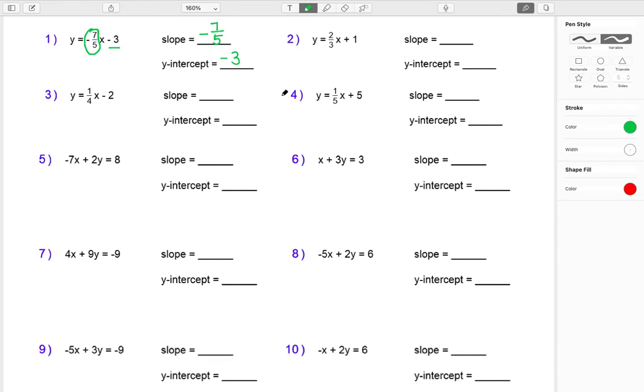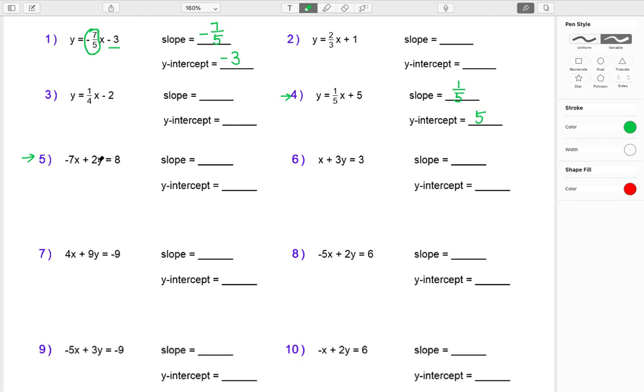Okay, so let's try another example. If you look at example 4, my slope is 1 over 5, and then my y-intercept is 5. Now, if you take a look at number 5, this is not a slope y-intercept form. It's a standard form. The x and y and all the numbers are mixed together.